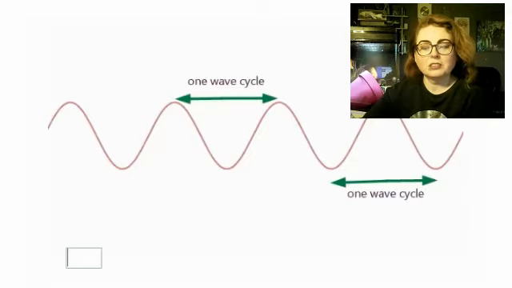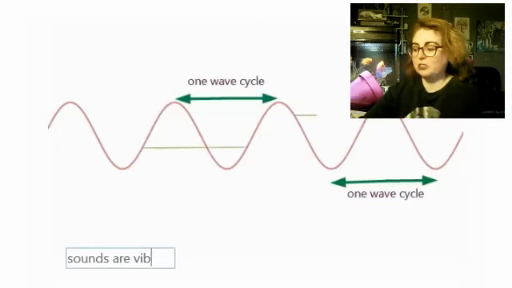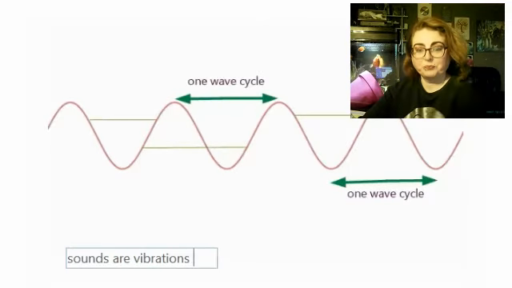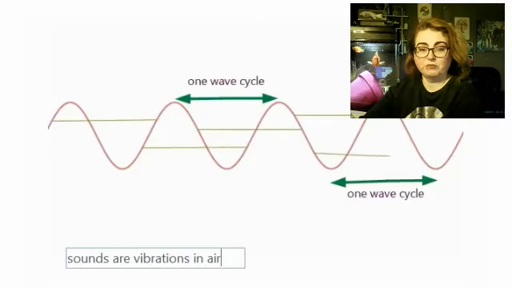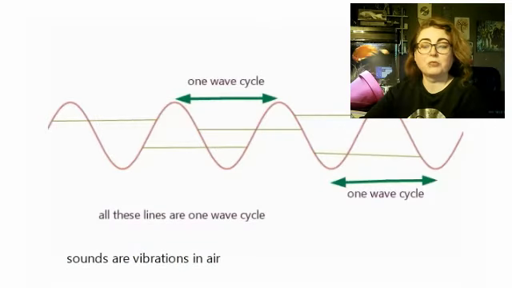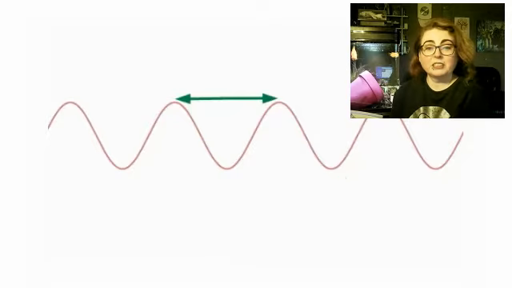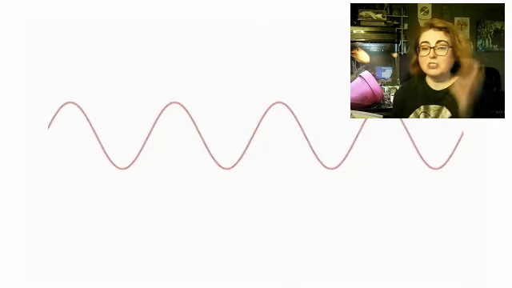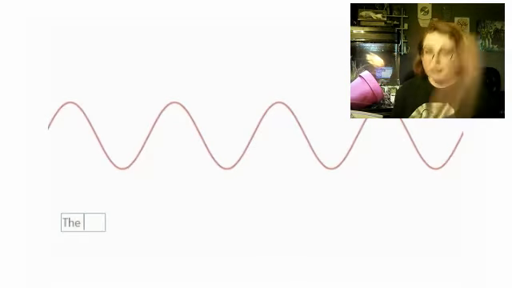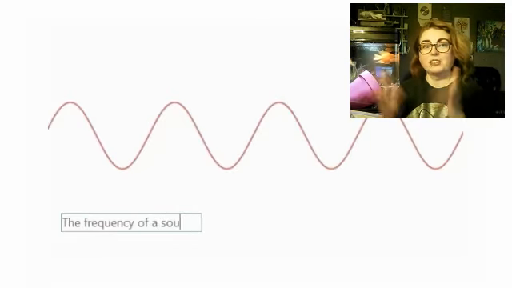One wave cycle, a wavelength, you'll have heard of that. This is to do with the pitch of the sound. So they all have different wave cycles, which is vibrations per second. The sound vibrates air molecules, it moves things in your ears, it shakes the air.